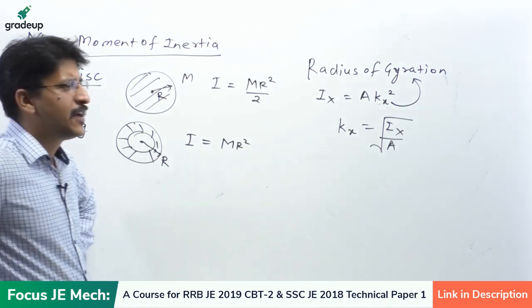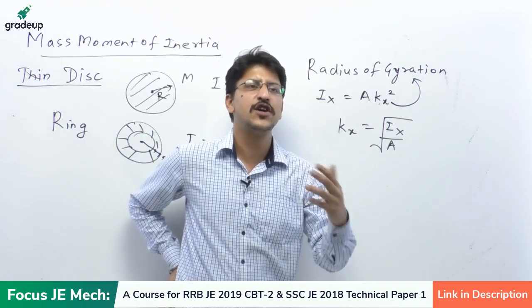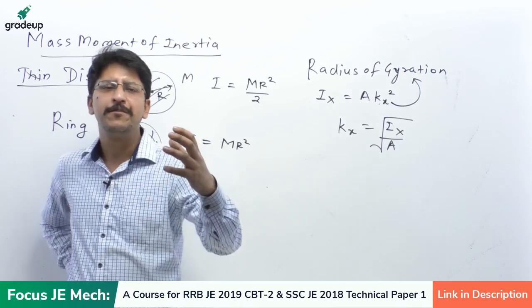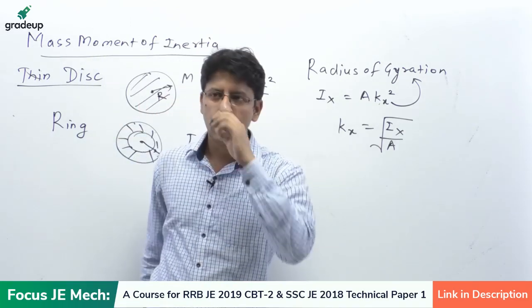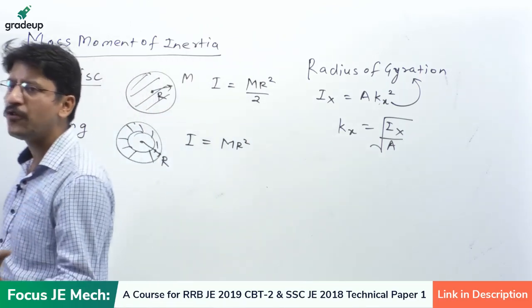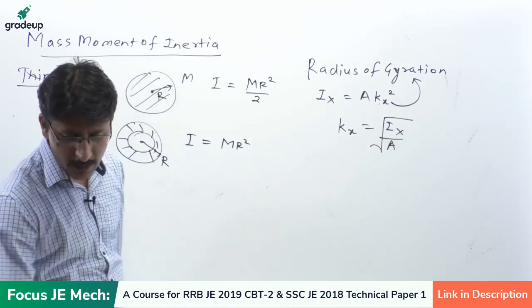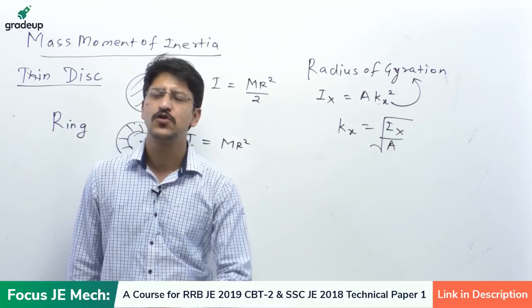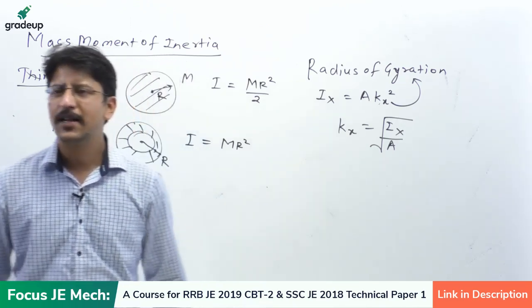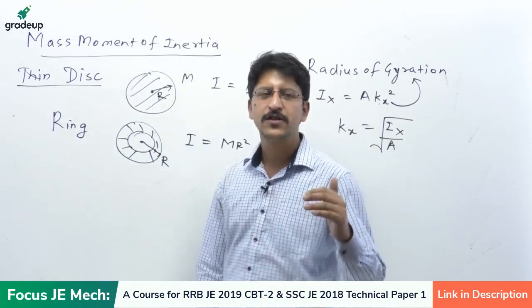Inertia is a different thing. Inertia is basically that property of the body by which it resists the change of state. Suppose there is any body which is at rest and you need to bring it to motion. So you will try to apply some force so that the body comes into motion. But the property of that body will still tend to keep it at rest only. That is basically what Atendra Singh Saini has explained in Hindi, that you can understand in a better way, because that is layman language.